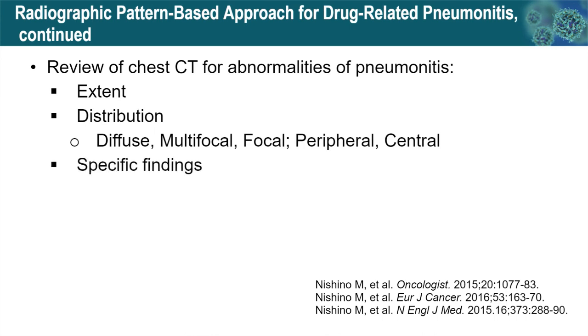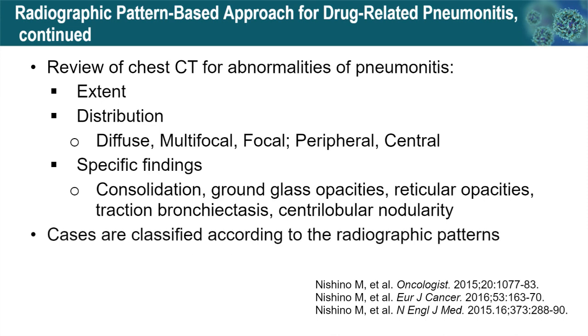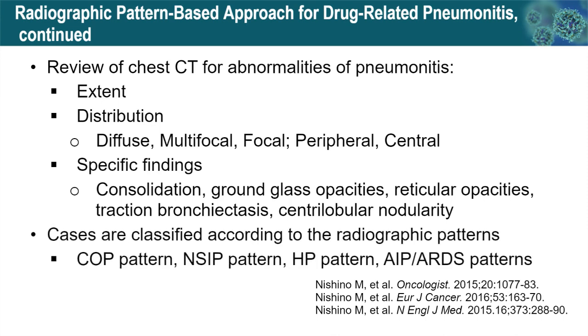We do look at specific findings or individual findings on CT as listed here, but it is important to note that it is rather how each finding is distributed rather than these individual findings that defines a pattern. It's really the distribution that defines a pattern. And with the constellation of the assessment of imaging findings, we are able to classify pneumonitis according to radiographic patterns as listed here.